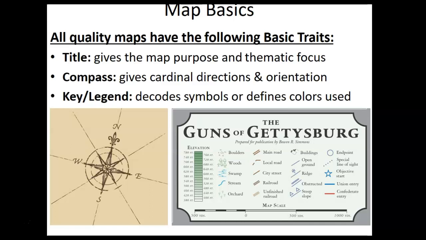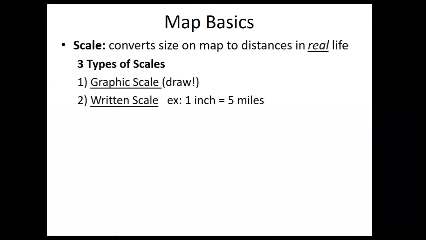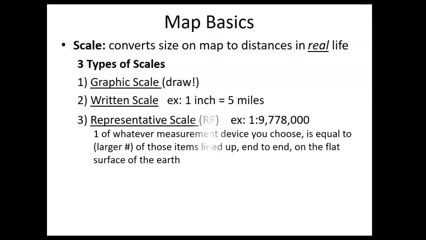And the 4th element that is a map essential is scale. And scale is defined as how large is that in real life. So in your notes, I just simplified it, a small scale or large scale.